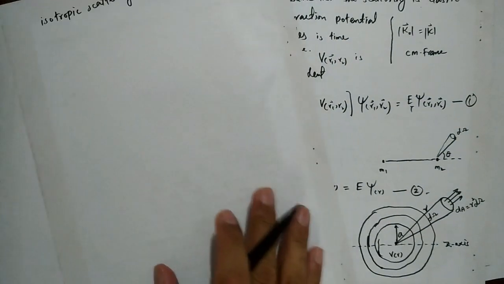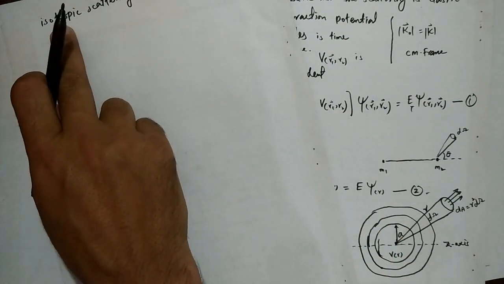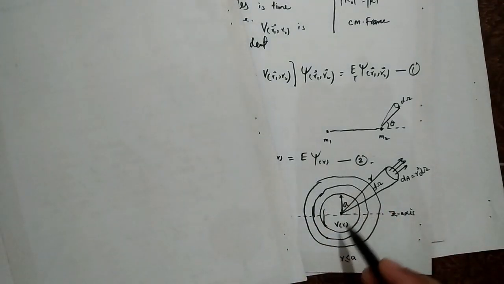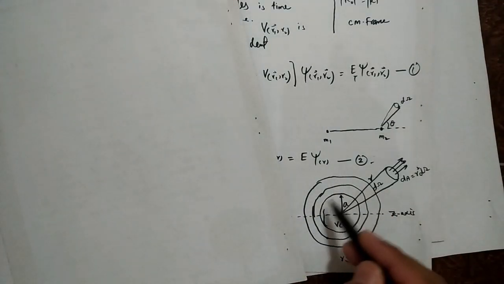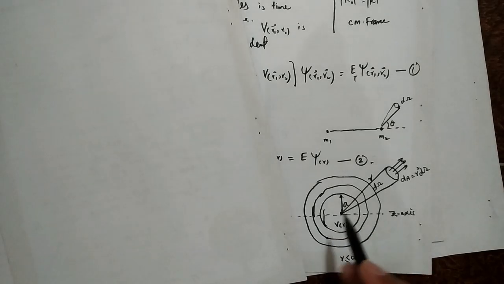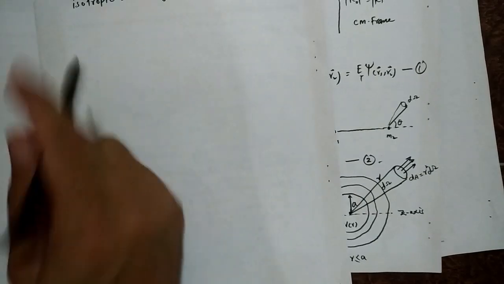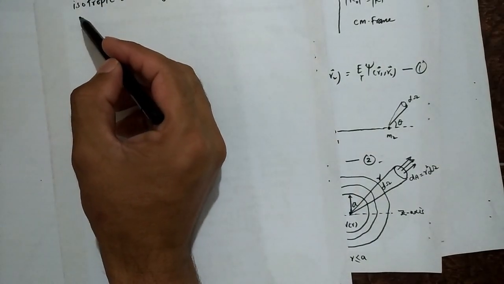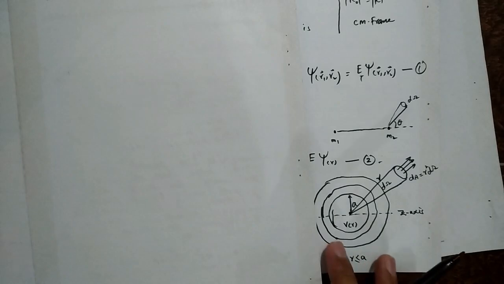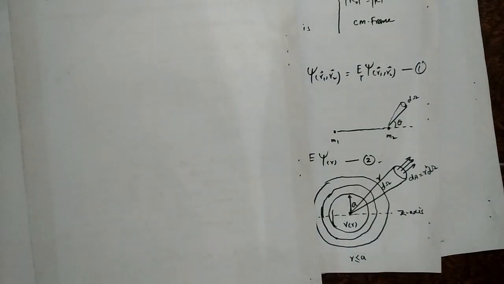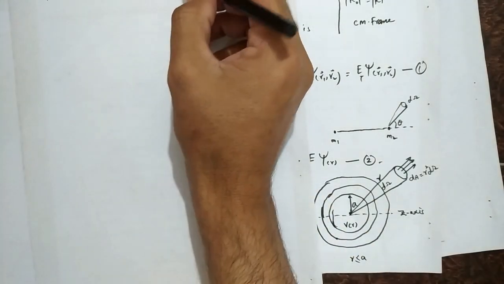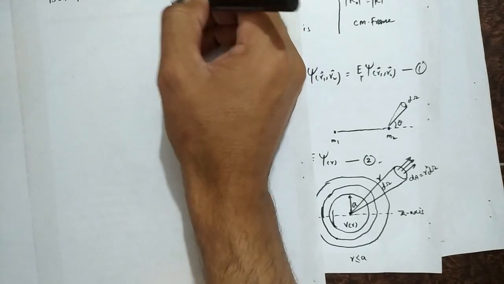so that means that if the scattering is isotropic, then the outward scattered wave will be a symmetrical spherical wave. If the scattering is anisotropic, then the scattering might not be a symmetrical spherical wave.